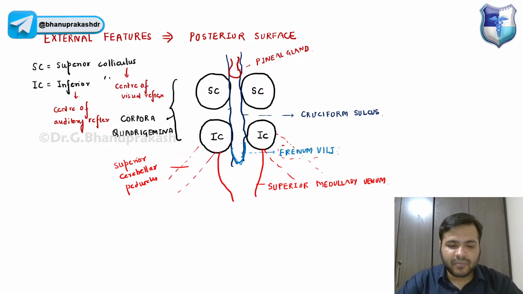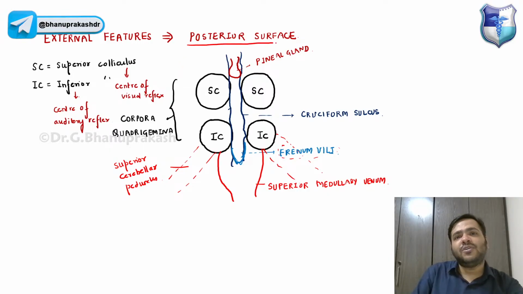Now there is a nerve, guys. This is the posterior surface, and I have told you that from the posterior surface only one cranial nerve arises. Can anyone tell me the name of the cranial nerve in the chat box?